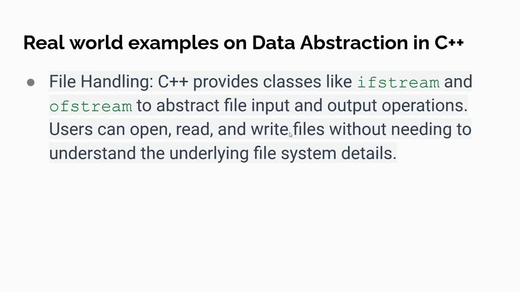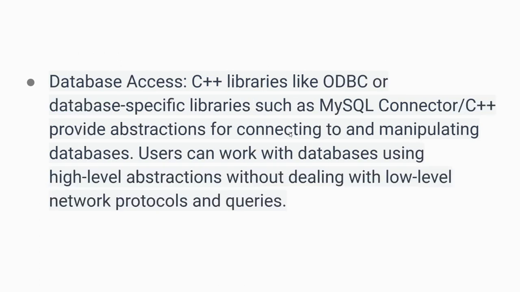The first one is file handling. C++ provides classes like ifstream and ofstream to abstract file input and output operations. Users can open, read, and write files without needing to understand the underlying file system details. Database access.